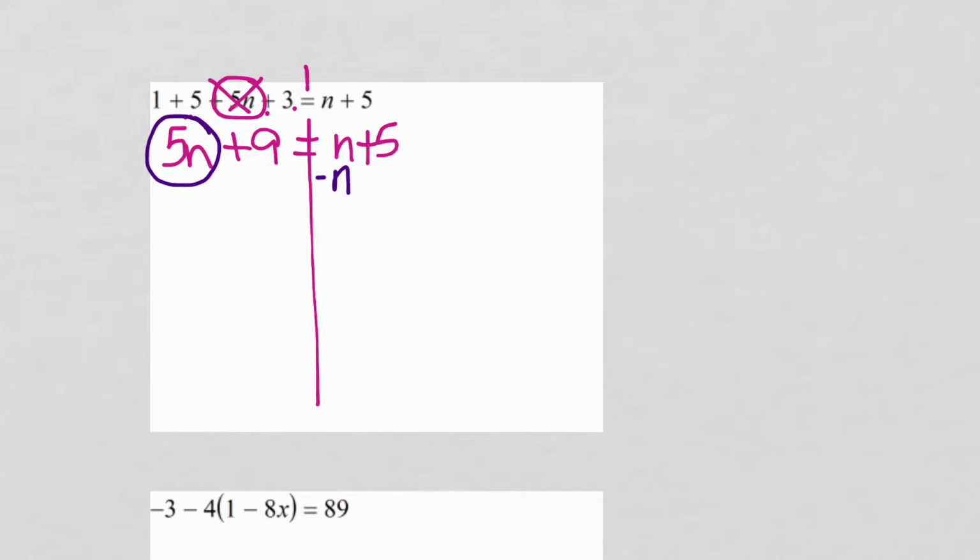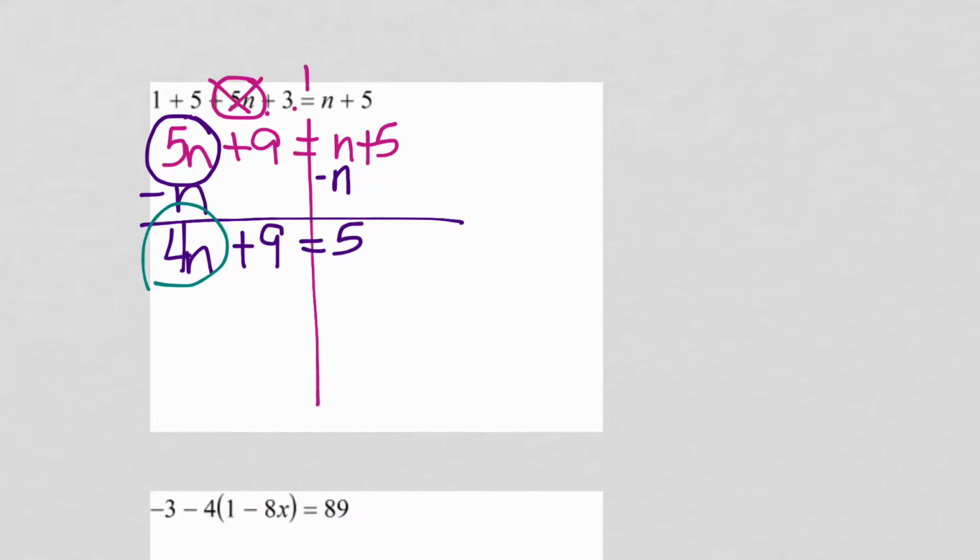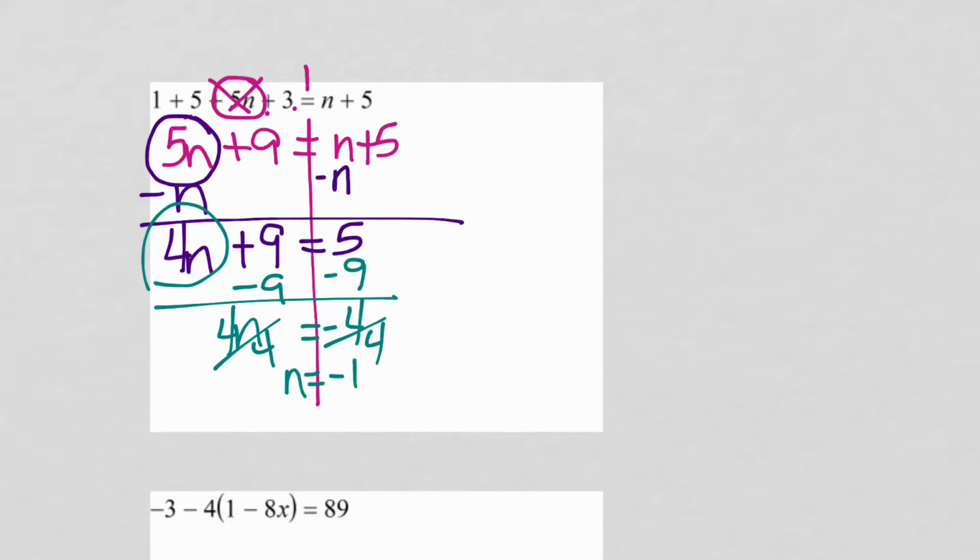I subtract n from both sides. 5n minus n leaves me with 4n plus 9 equals 5. Circling what I'm solving for, I got to get rid of positive 9, so I'm going to subtract 9 from both sides. I am left with 4n equals negative 4, divided by 4, divided by 4, and n equals negative 1.